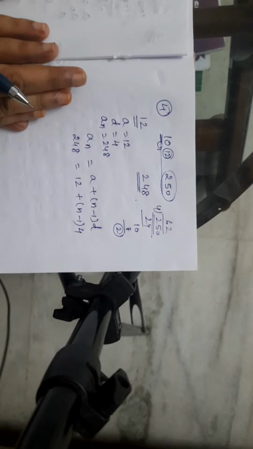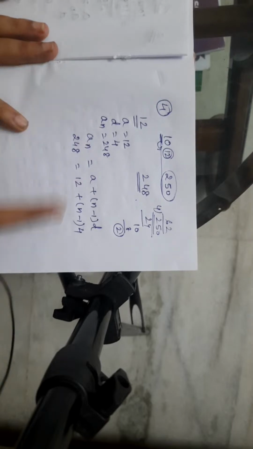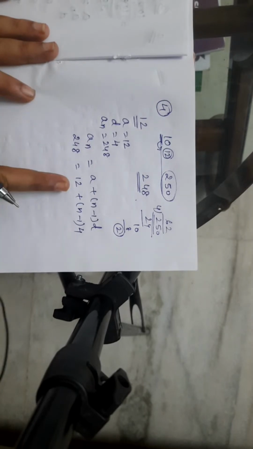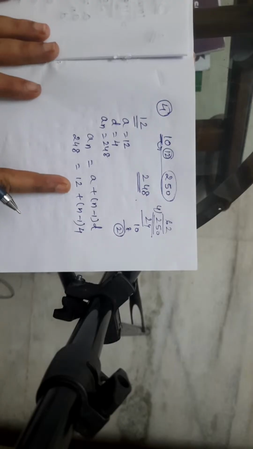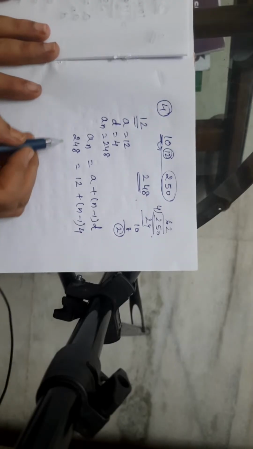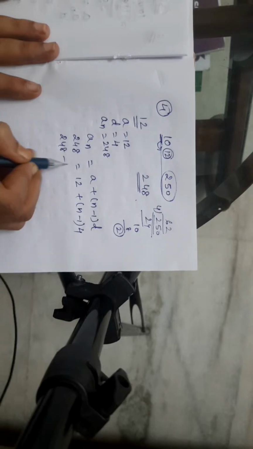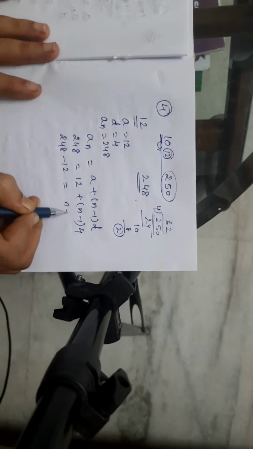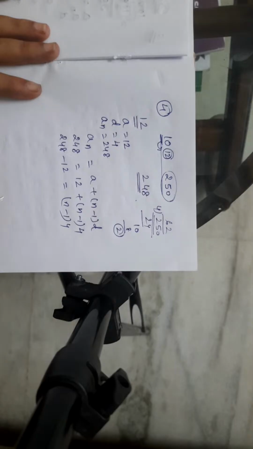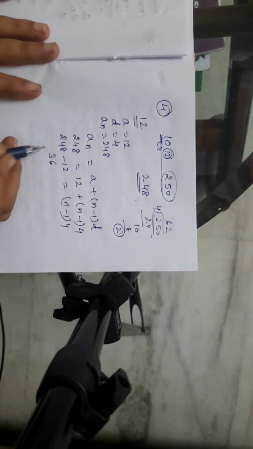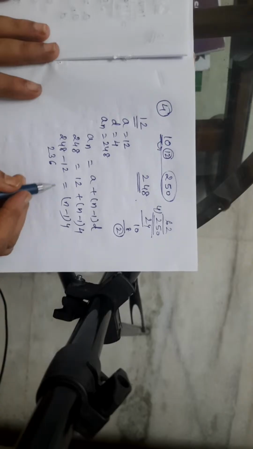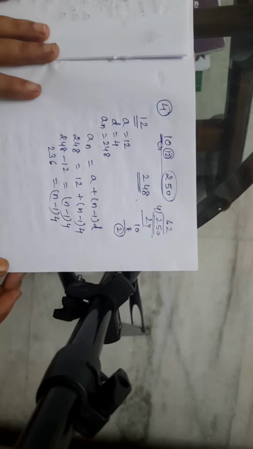After shifting the number, calculations will be very simple. Instead of expanding the equation, simplify it by shifting 12. So 248 minus 12 is equal to n minus 1 whole multiplied by 4. Subtracting both values, it is 236 equal to n minus 1 whole multiplied by 4.